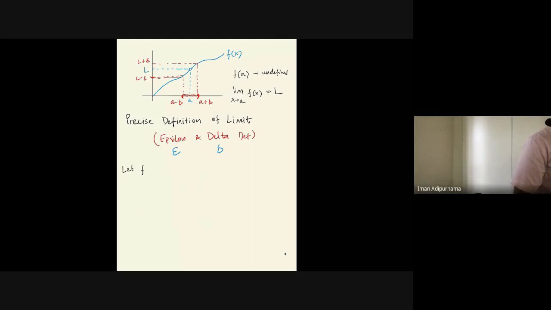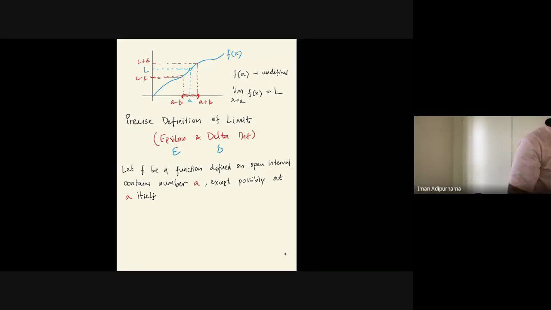Let f be a function defined on an open interval that contains a number A, except maybe or possibly at A itself. It's precisely the same as the picture above.